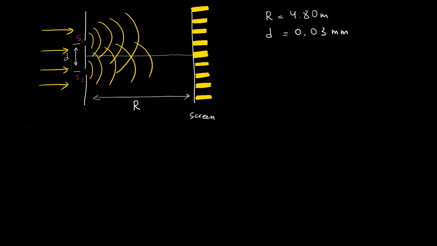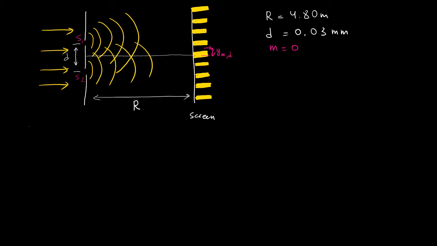What does it mean? It means the first dark fringe, which is this one right here, tells us it's m equals 0. And from the central line is this distance right here. So we want to find out this distance, which means y m dark, we say.